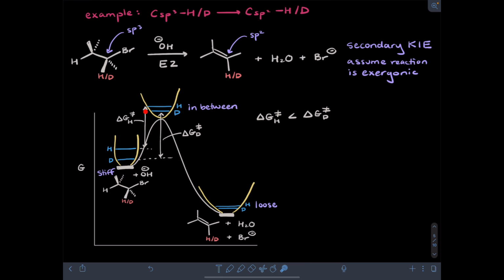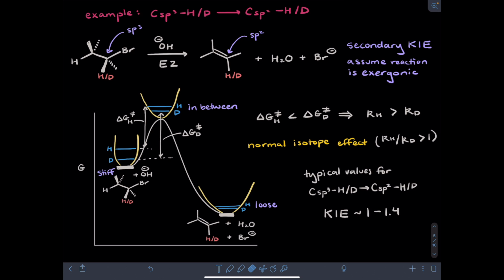So this delta G double dagger value for hydrogen should be smaller than that for deuterium. This means that the rate of the reaction involving hydrogen will be greater than the rate involving deuterium. When the reaction rate involving hydrogen is higher than that of deuterium, the kinetic isotope effect will be greater than 1, and we'll call it a normal kinetic isotope effect.